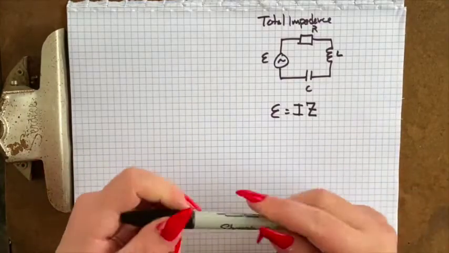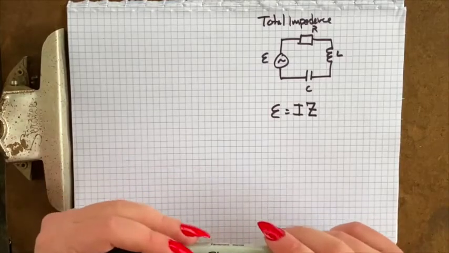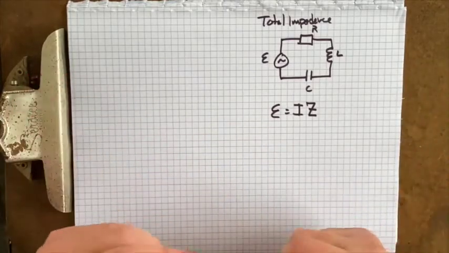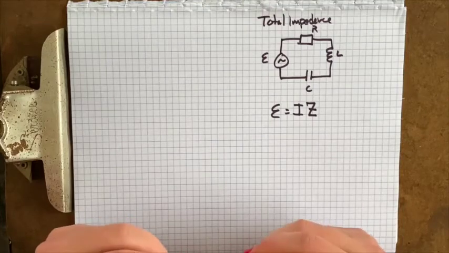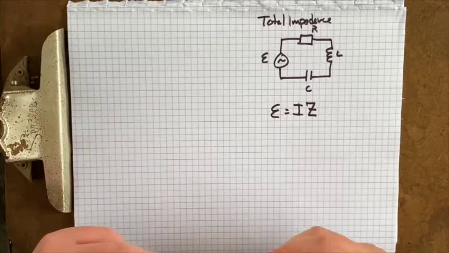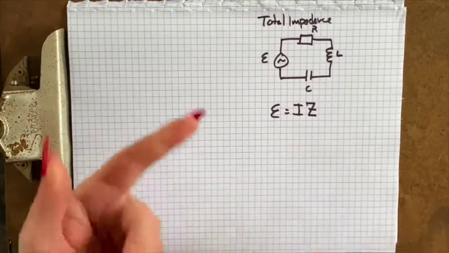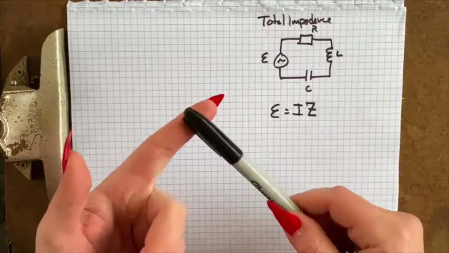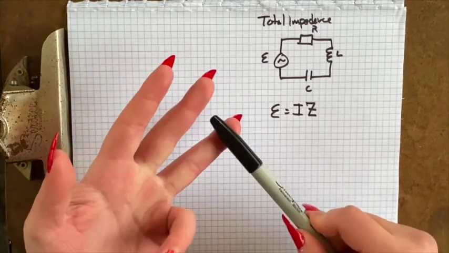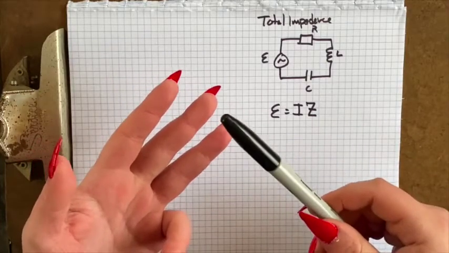If we were to do this with, say, just regular series rules of adding the voltages together, this would be straightforward, right? Because we could apply Kirchhoff's loop rule, for instance, and work our way through it and get an answer. But we have a little bit of a problem, because I know what the amplitudes are for VR, VL, and VC, according to V equals IR, V equals IX, whatever.